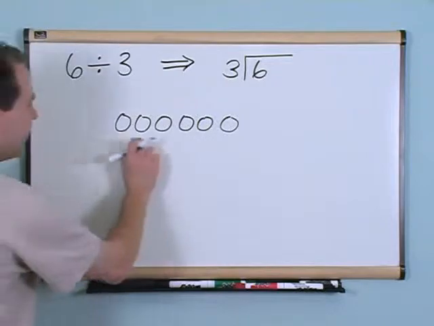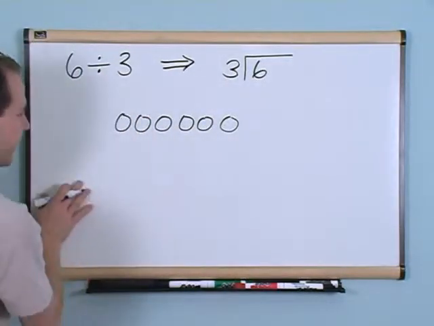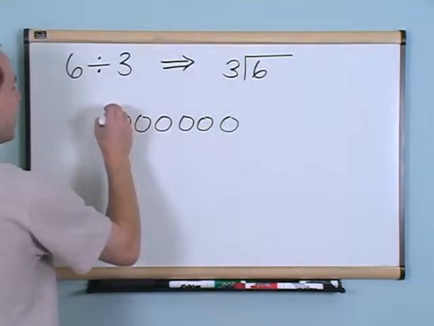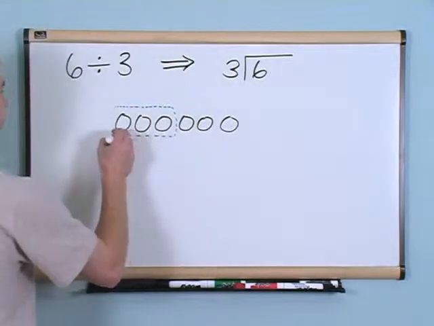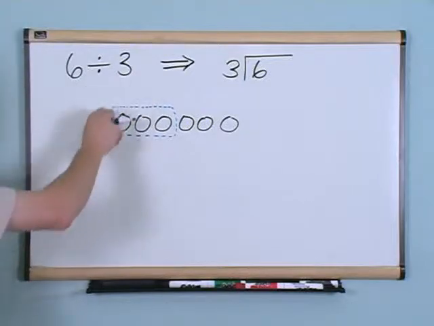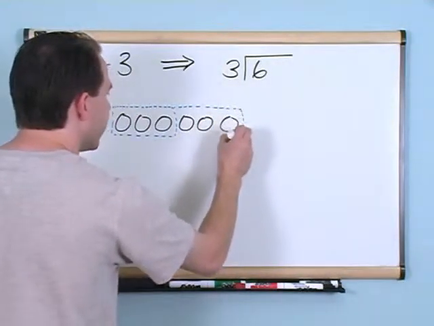What we have is we have 6, and we're trying to figure out how many times the number 3 will divide into 6, okay? So what it's really asking you is, if I were to group this number into groups of 3, okay, here's a group of 3, and the reason I'm picking 3 is because 3 is in the problem, okay? And then over here you see here's another group of 3, okay?